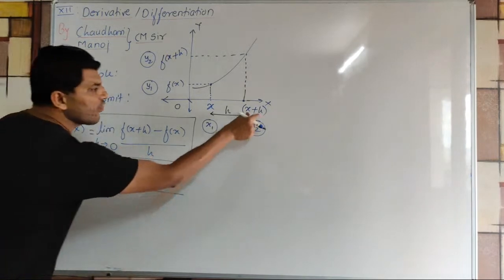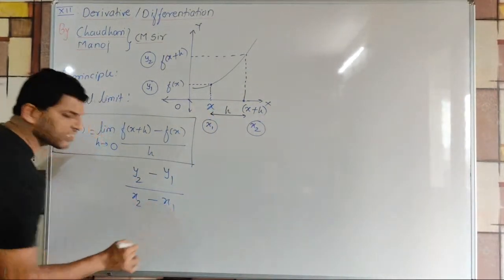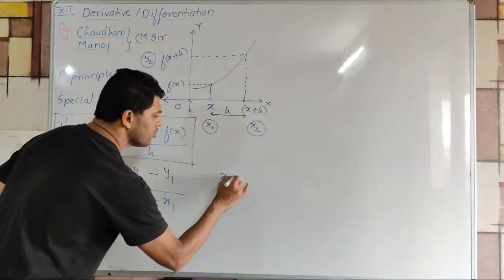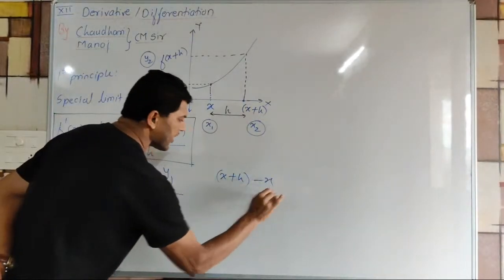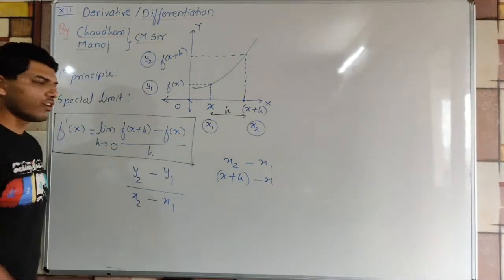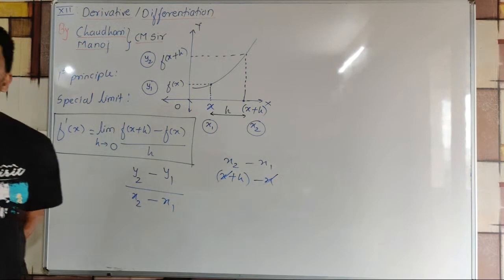H is actually the difference of these two x values: x2 minus x1. So x2 is x plus h and x1 is x. Subtracting, plus x and minus x cancel, so what is left is h.